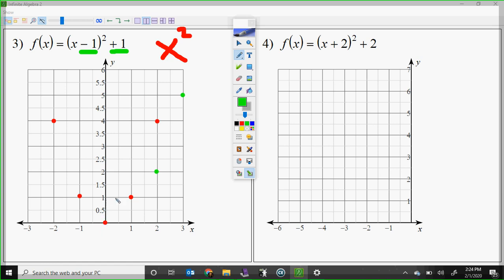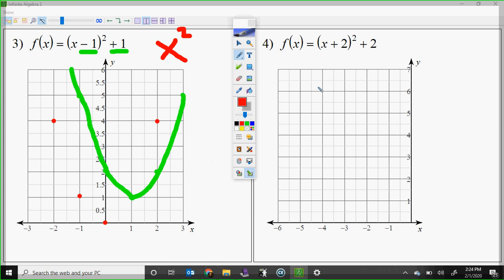Up 1, right 1, coordinate point. And then the last one. Up 1, right 1, put a coordinate point. And then I'll draw my graph. And it should look like that.